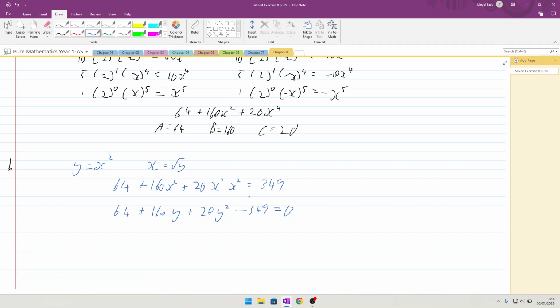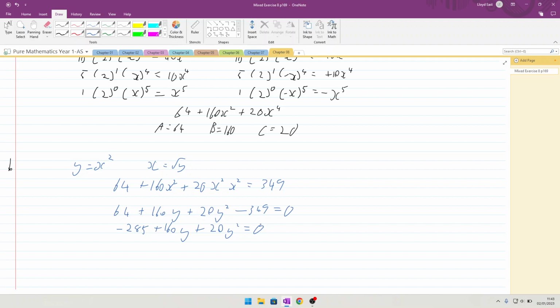Okay, so 64 minus 349 is minus 285. So minus 285 plus 160y plus 20y squared is equal to 0. Okay, putting that into a polynomial solver on the calculator.